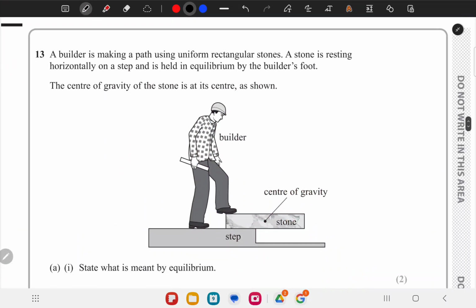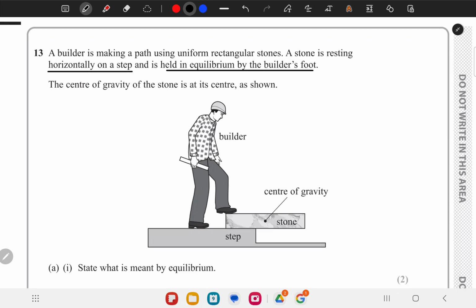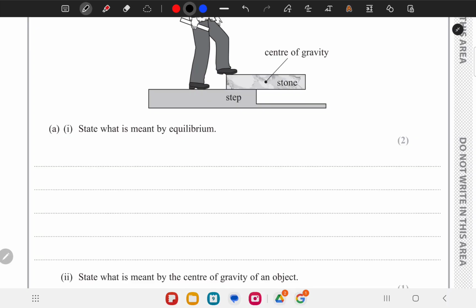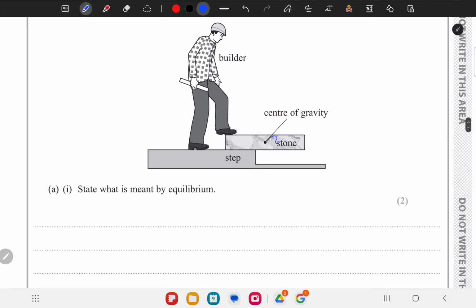Now in question 13, we are told that a builder is making a path using uniform rectangular stones, and the stone is resting horizontally on a step held in equilibrium by the builder's foot. So we have to state what is meant by equilibrium. Now if the builder let go of his feet over here, the moment would cause the stone to move clockwise.